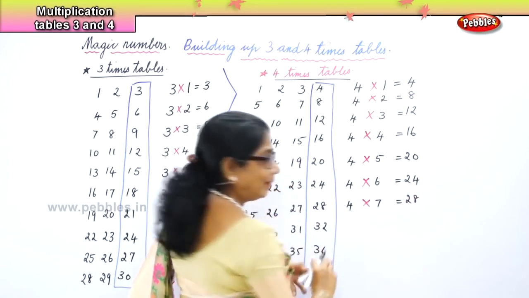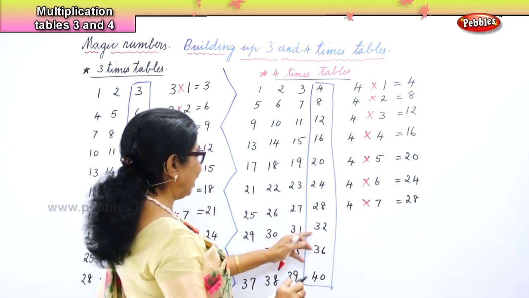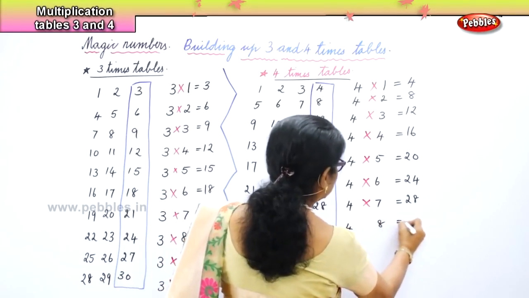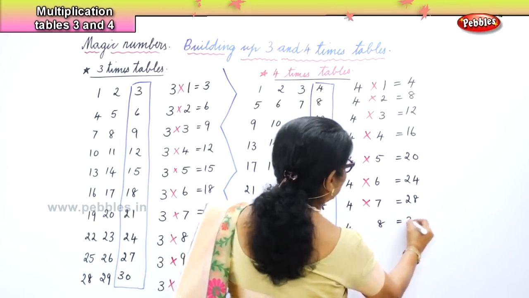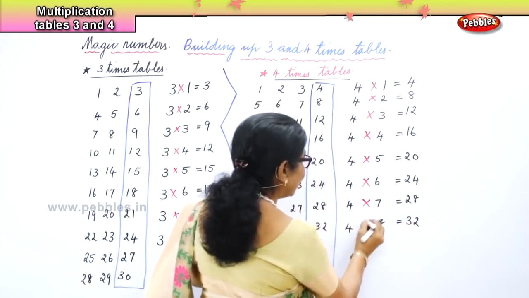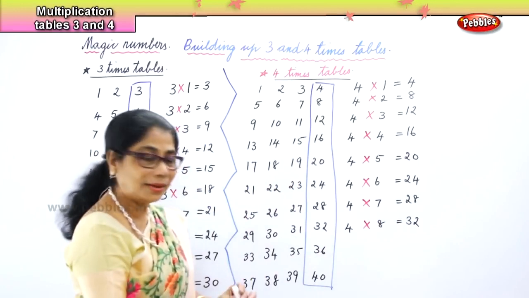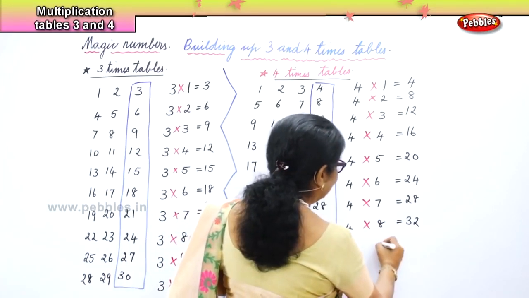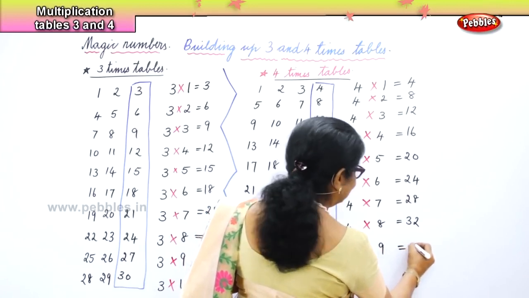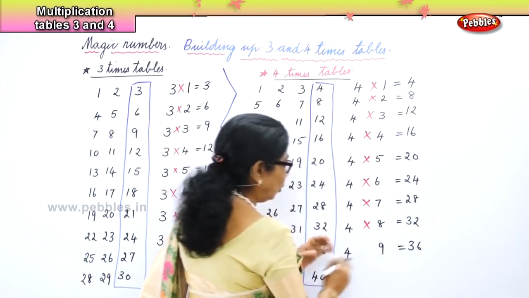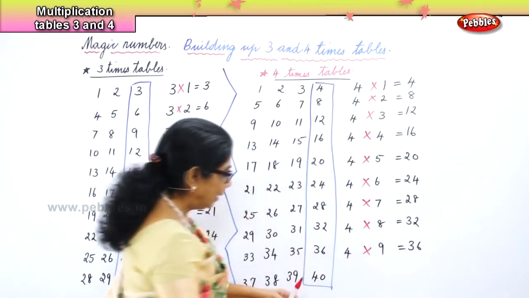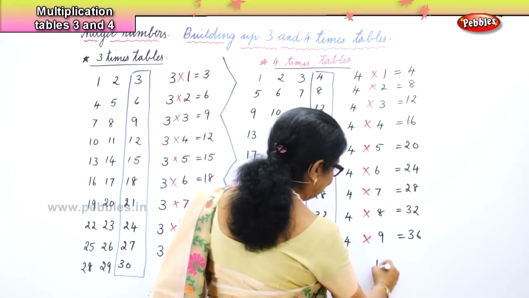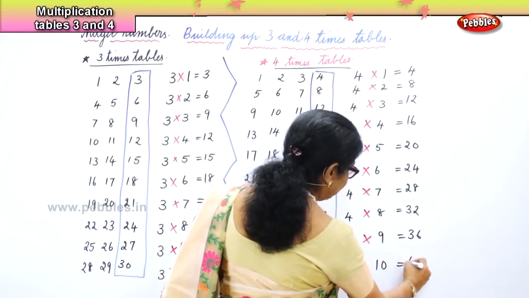Next we have 4 eights are 32. Then 4 nines are 36. How easily we build. And finally you have 4 tens are 40.